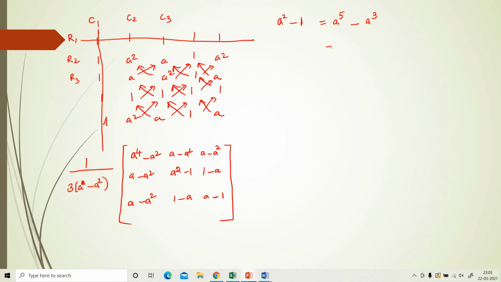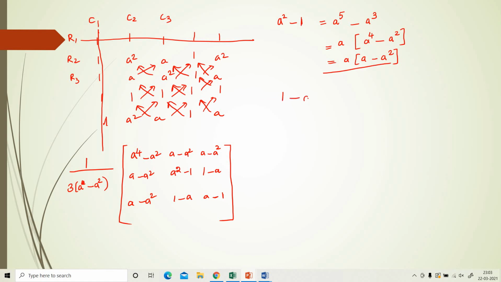So if I take A inside, the answer is A power 4 minus A square. So A into, what about A power 4? A minus A square. So instead of A square minus 1, I have to put this value.